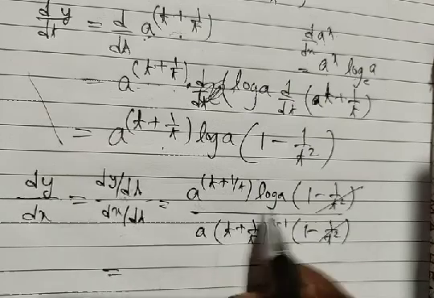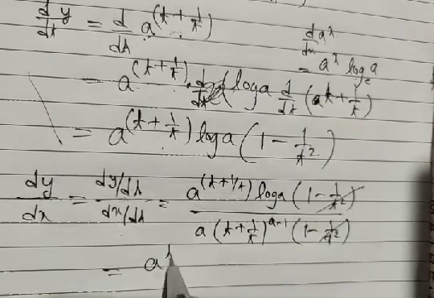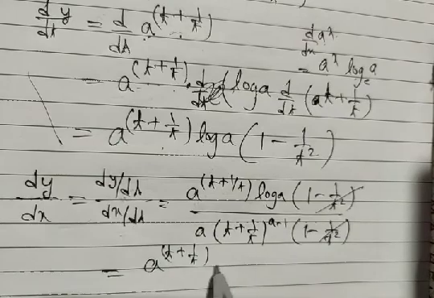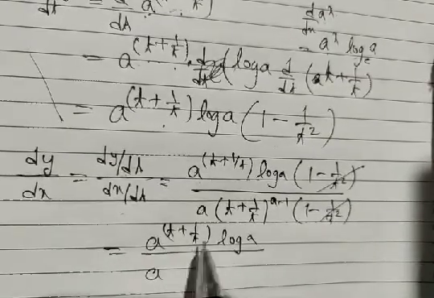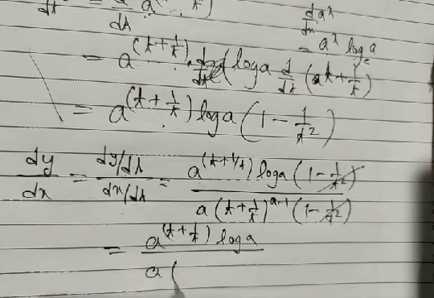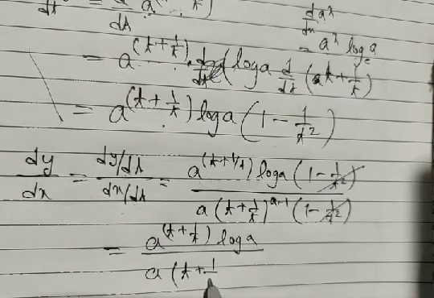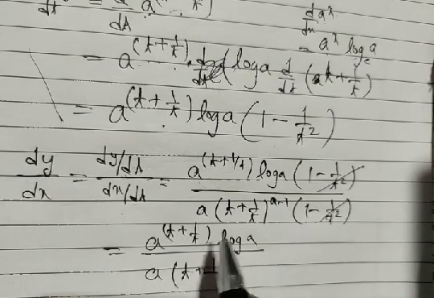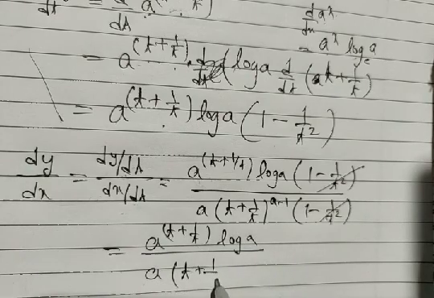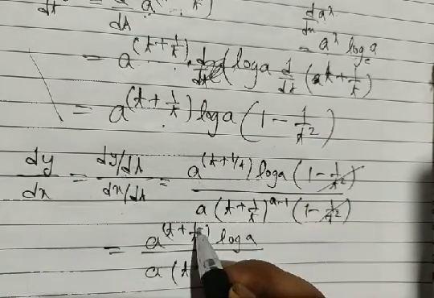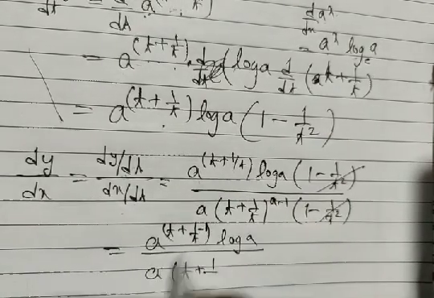Just write down what we have: a^(t+1/t) log a, divided by a^(t+1/t) − 1... we can write this taking a^(t+1/t) common, then there is no need to write a here.